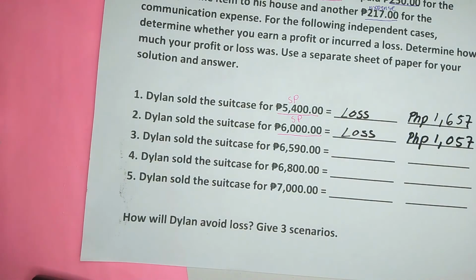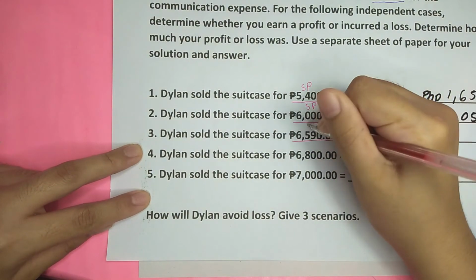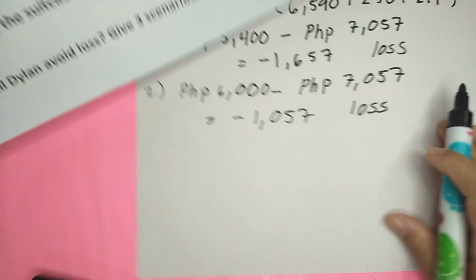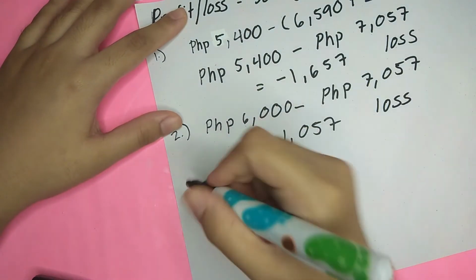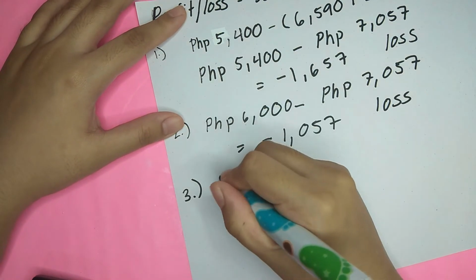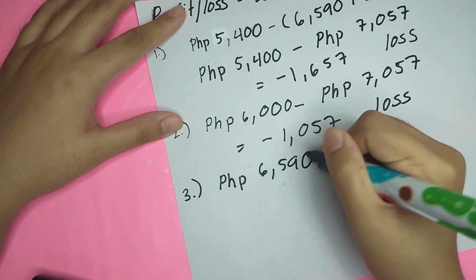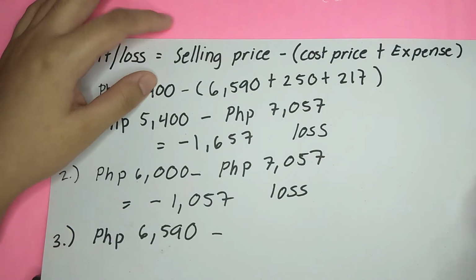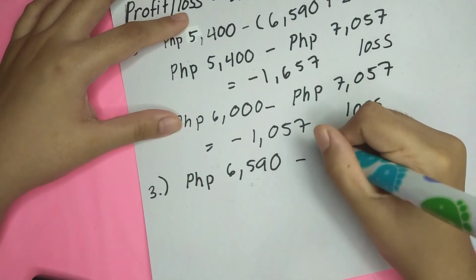For number 3, Dylan sold the suitcase for 6,590 pesos. So, ito ulit ang ating selling price. So, ang selling price ay 6,590 pesos minus, hindi ulit nag-iba ang ating cost price at ang mga expenses, which is 7,057 pesos. I-copy na lang natin yan.